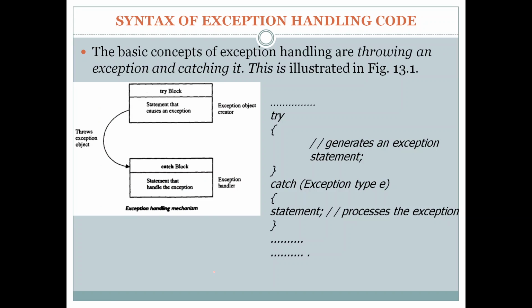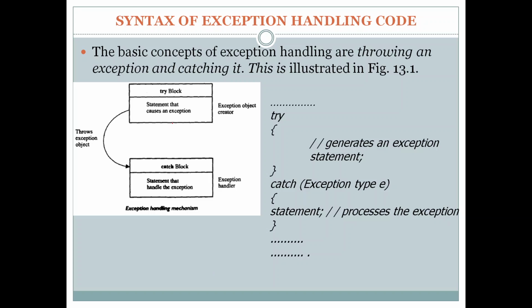Next is the syntax of exception handling. The basic concepts of exception handling are throwing an exception and catching it. If an exception occurs, it is thrown and that needs to be caught and handled. This diagram explains how we can write exception handling code.